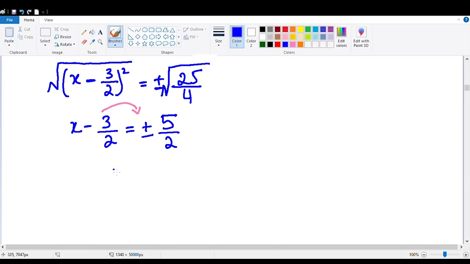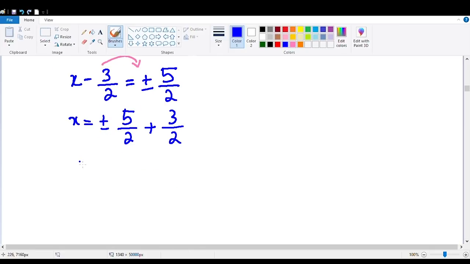So you'll get x equals plus minus 5 over 2 plus 3 over 2. Now, x will equal, basically the denominator is the same, so you'll just get plus minus 5 plus 3 over 2.